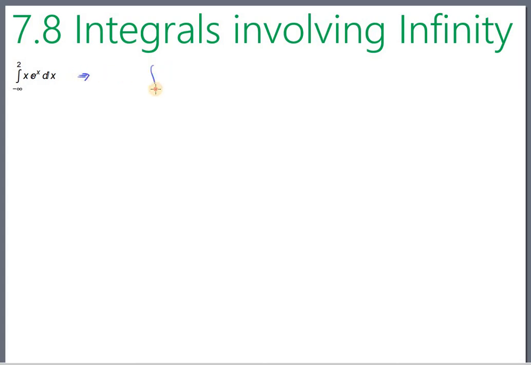So this time I'm going to go t to 2, and I'll take the limit as t approaches -infinity this time. And then we've got x e to the x dx.